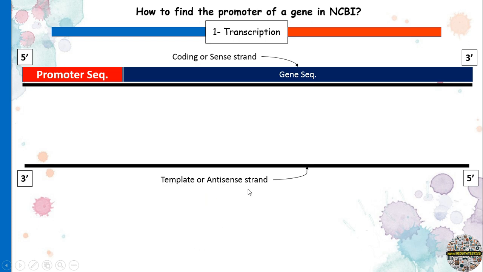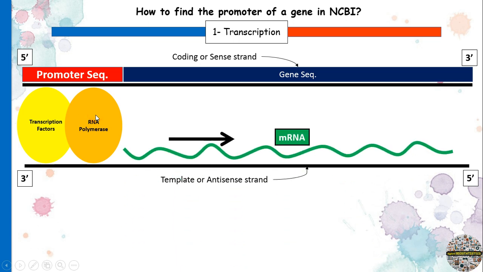template or antisense strand. And as you know, the transcription factors and RNA polymerase actually identify the promoter sequence, and they create a complex and start the transcription.